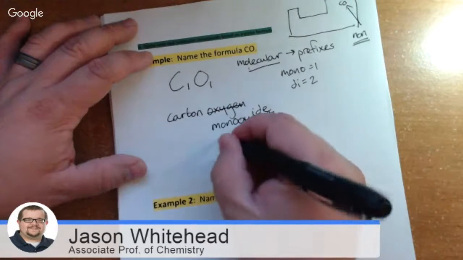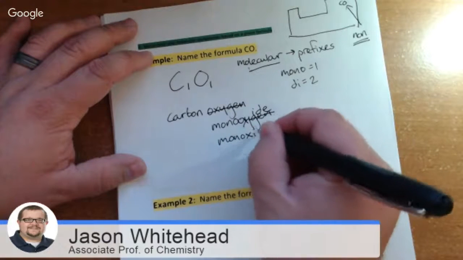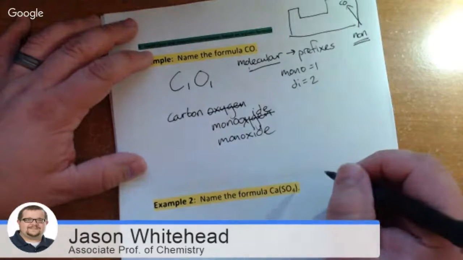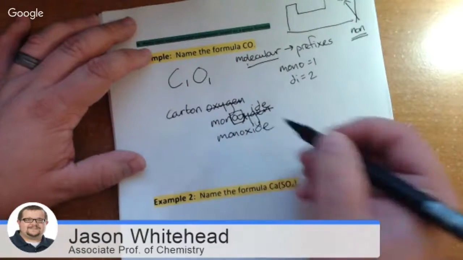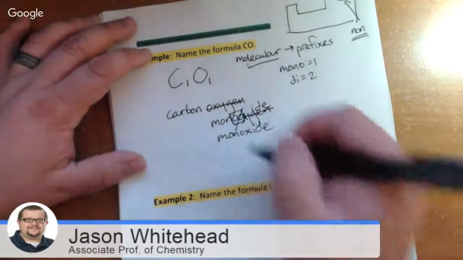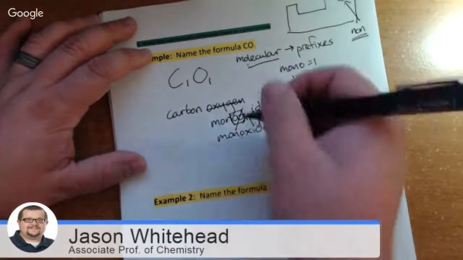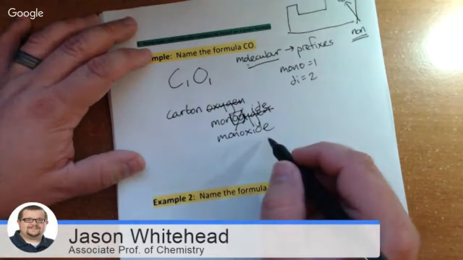So we get carbon monoxide. You'll notice I also did something else in here. We had a double vowel. Double O's, you've got to eliminate one. It's not going to be carbon monooxide. It's going to be carbon monoxide.